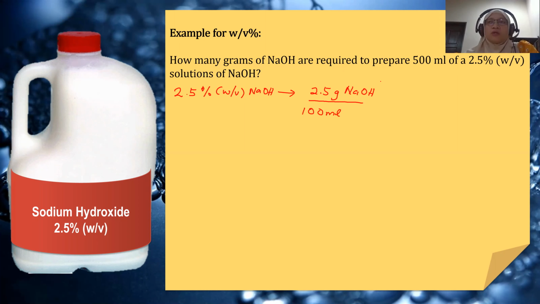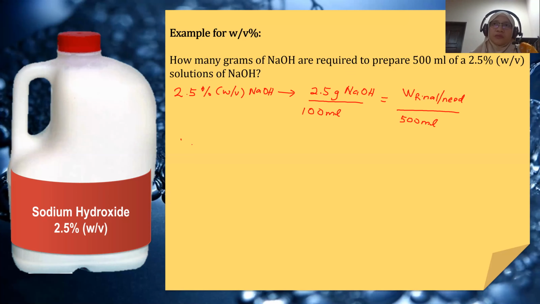So now we need to calculate the weight needed, the weight of chemical needed, per 500 ml. Basically, we set a proportion to calculate the weight needed.